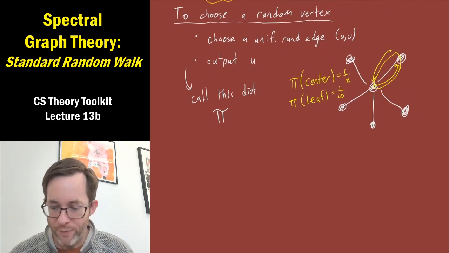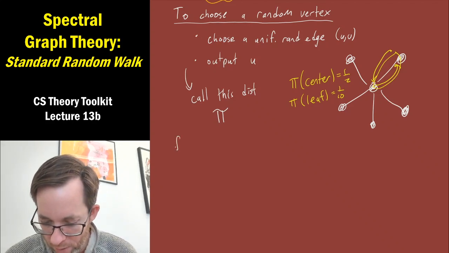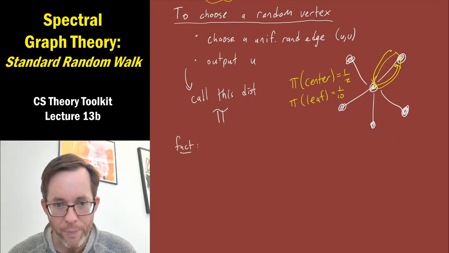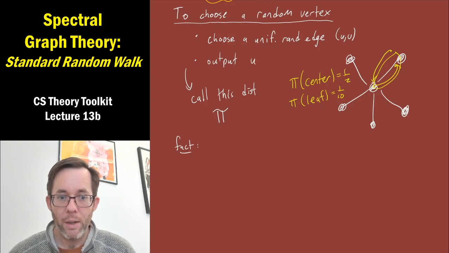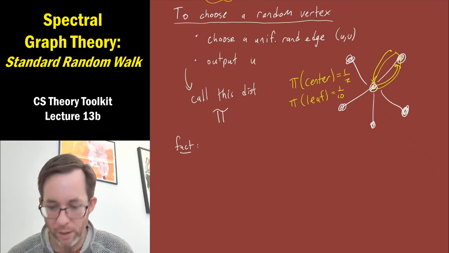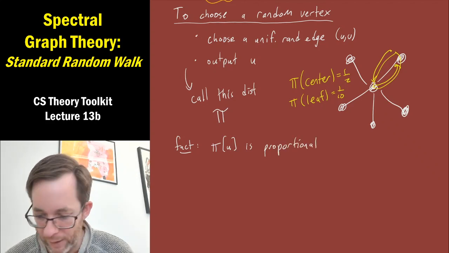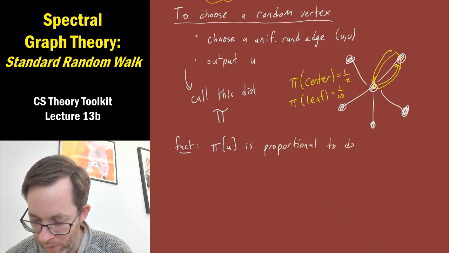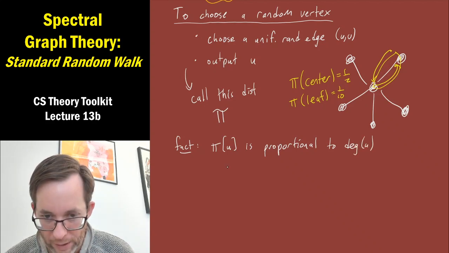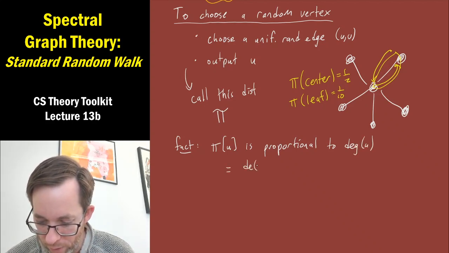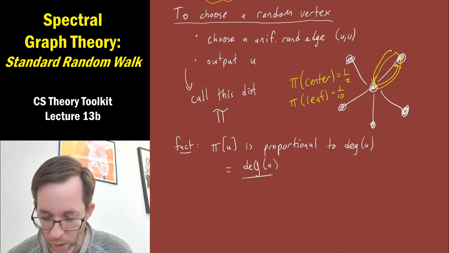And in fact, it's very easy to see, this is almost immediate to compute, that this probability mass pi of a vertex u is directly proportional to the degree. So pi u is proportional to the degree. And therefore, we can exactly say what it is. Pi u is, in fact, equal exactly to the degree of the vertex u, divided by, not the number of edges, but twice the number of edges.